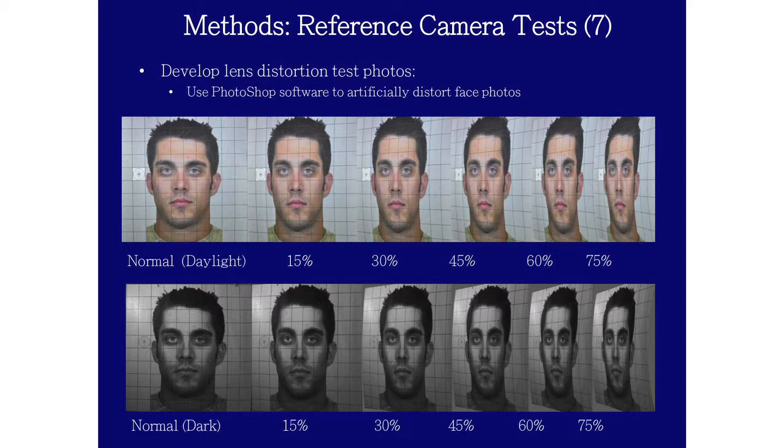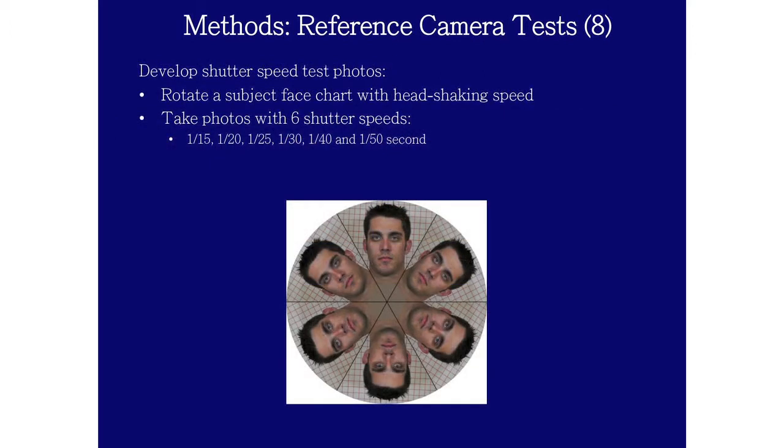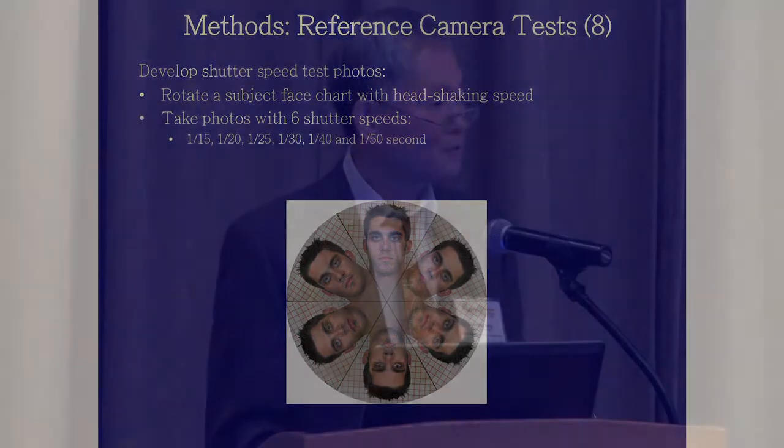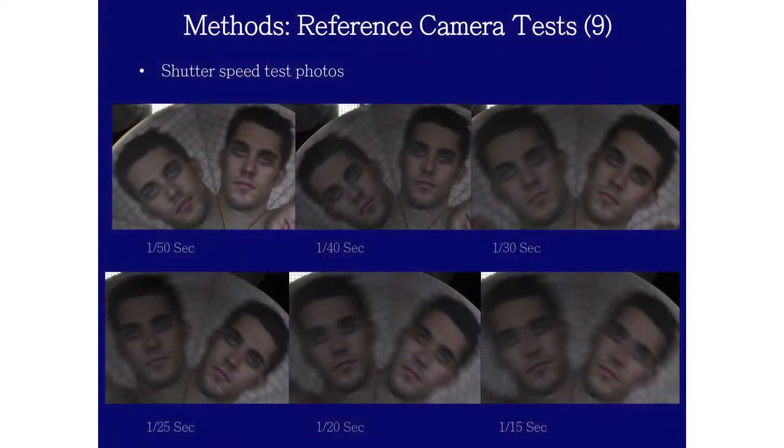And this is the test photo chart for motion blur for shutter speed. So we put these subject photos onto a rotating board. We rotate this board and use a reference camera to take the rotating pictures with different shutter speeds from 1/15th of a second to 1/50th of a second.